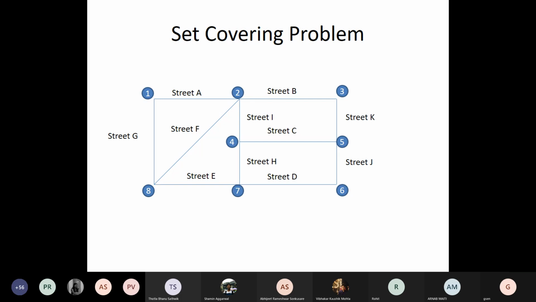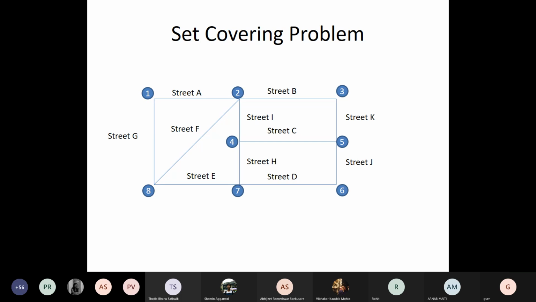So how to model it as an integer program? Manually, you try different combinations, can you tell me the optimal solution? The minimum number of nodes, and which nodes can cover this entire network?